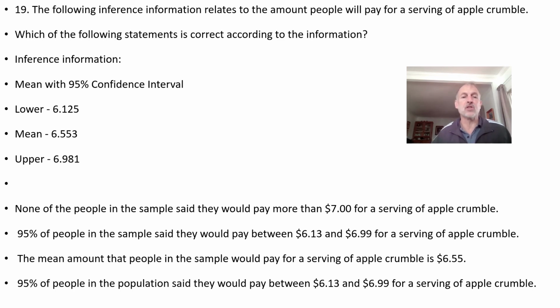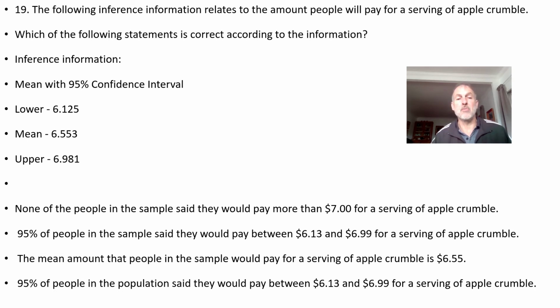The upper limit is 6.981. So none of the people in the sample said they would pay more than $7 for a serving of apple crumble. Second statement, 95% of people in the sample said they would pay between $6.13 and $6.99 for a serving of apple crumble.